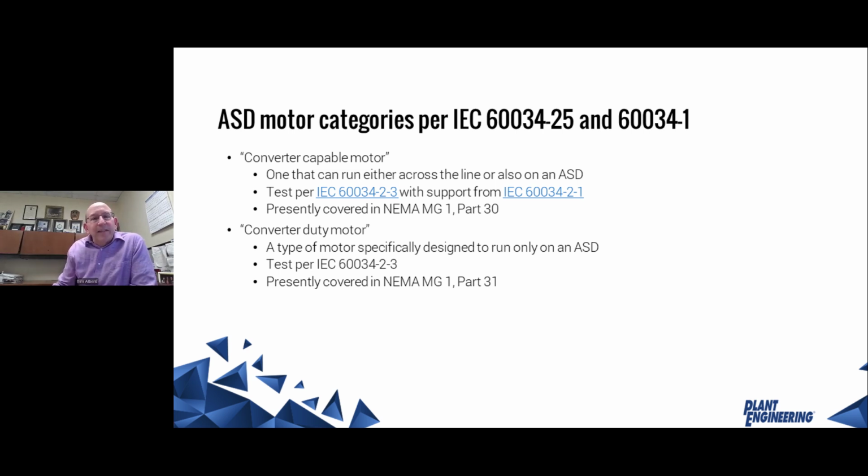The equivalent NEMA standard, as we talk about it here, for a converter capable motor is part 30 within NEMA MG1. And that is kind of a general purpose motor, as I talked about before, like a NEMA premium motor running on a drive. And then the converter duty motor is the more dedicated motor, and that's similar to NEMA MG1 part 31.